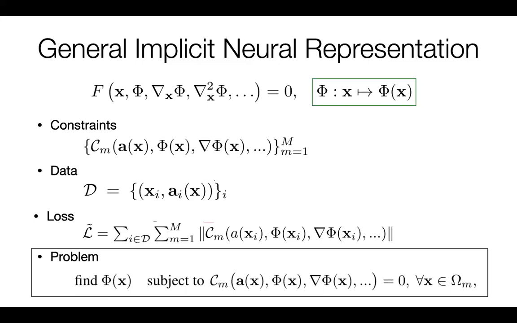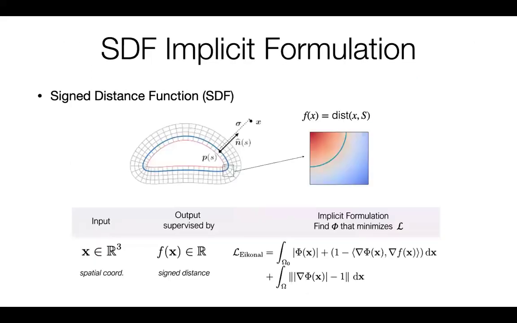But here, what we want is to specialize to signed distance functions. And we are going to consider in this context how we use this network to implement an implicit signed distance function. So the input will be spatial coordinates, these 3D points.